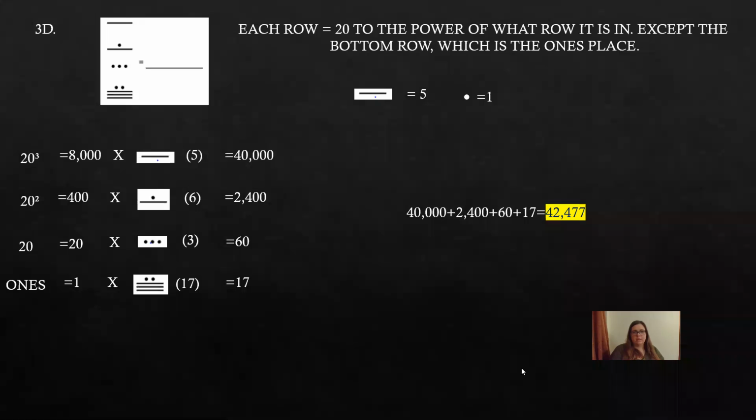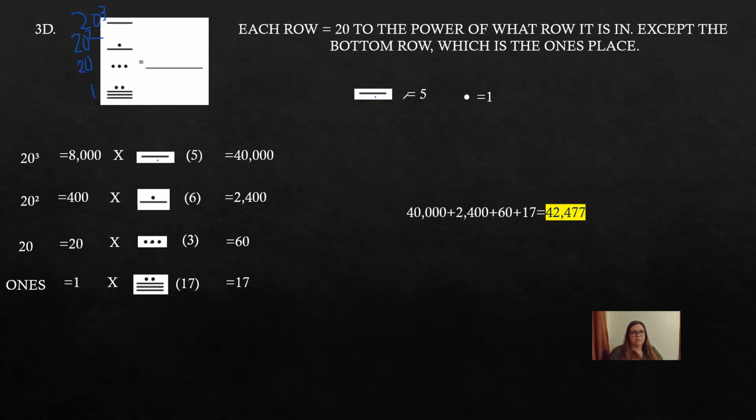Okay, now we have what I think is called Mayan math. So each slot you have, say this is the 1 spot, and you're going to multiply it by 1, and then you're going to multiply by 20, and then you're going to multiply by 20 squared, and then 20 to the third, and so on as you keep going up.